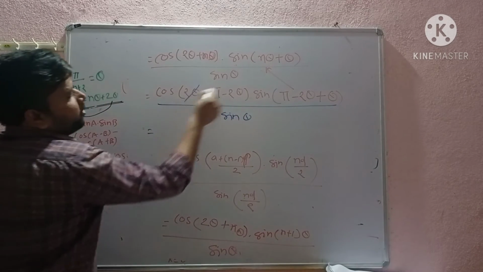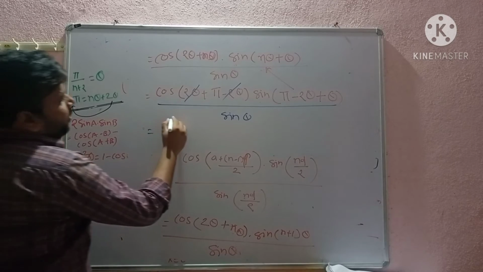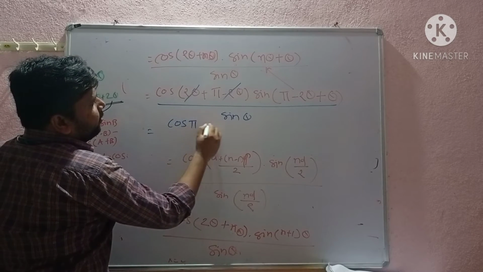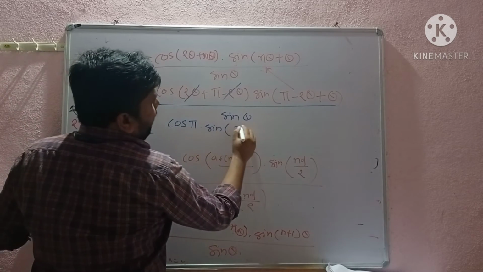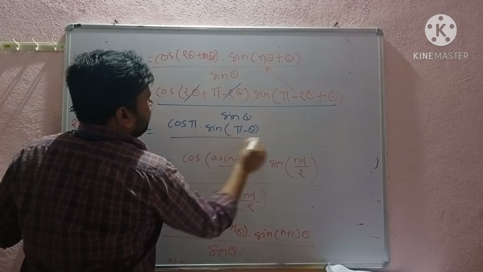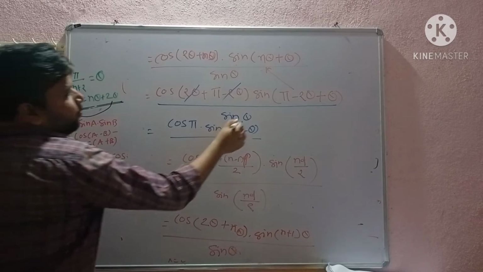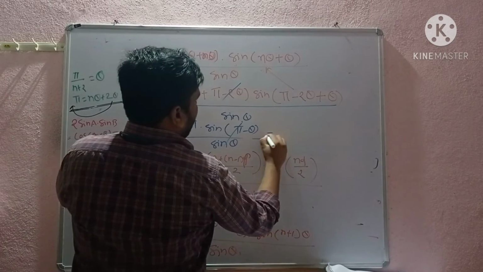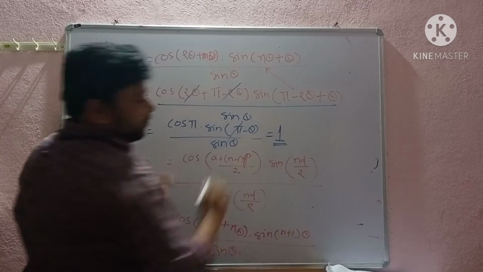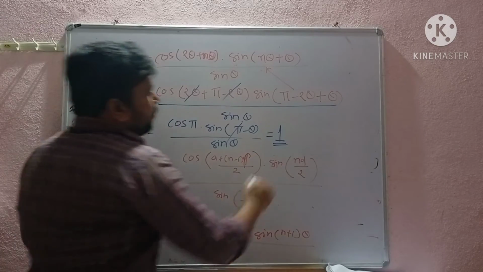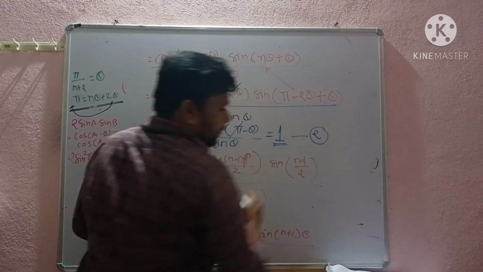Here 2 theta gets cancelled, it will remain cos pi into sin (pi minus theta) divided by sin theta. Again sin (pi minus theta) is sin theta, therefore this will get cancelled, and the value of cos pi is 1. So we have simplified this second equation also.